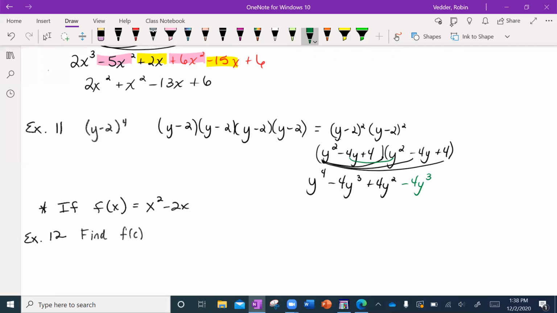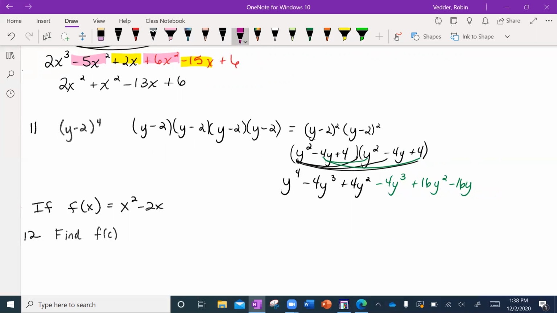Negative 4y times negative 4y is going to give us a positive 16y squared. And finally, negative 4y times 4, negative 4 times positive 4 is a negative 16. But don't forget that little y stays attached.